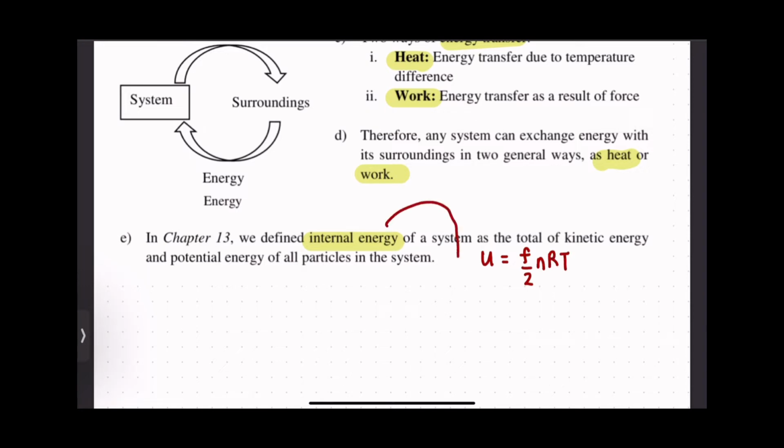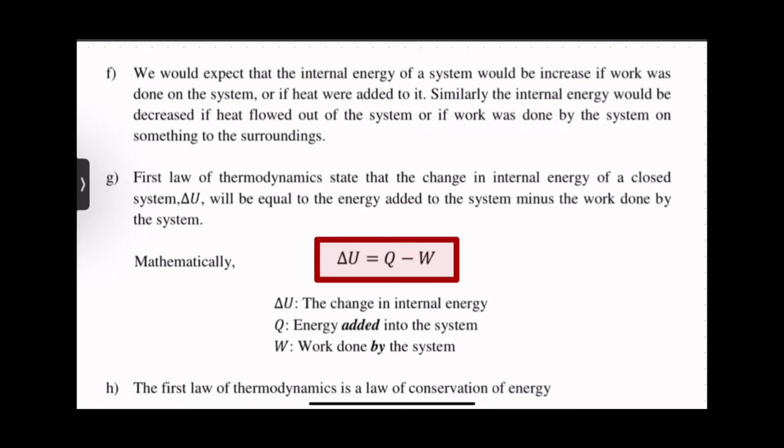This is what we call internal energy. We would expect that the internal energy of the system would increase if work was done on the system, or similarly, the internal energy would decrease if heat flowed out of the system.